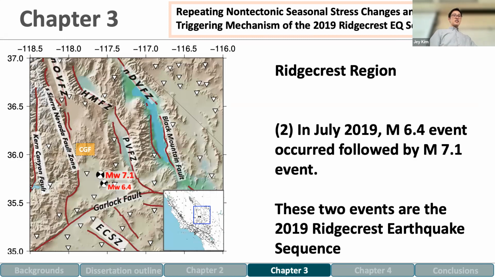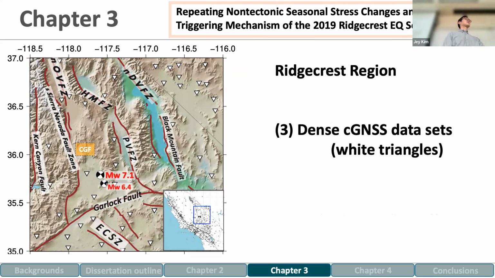And in July 2019, there were two large earthquakes, a magnitude 6.4 foreshock, followed by a magnitude 7.1 main shock. There were two large events, so this area was a perfect region to test the second hypothesis. And lastly, this area is covered by dense, continuously operating GPS data. Therefore, we can also quantify the deformation pattern for this.